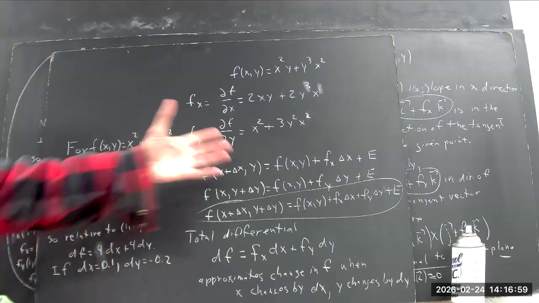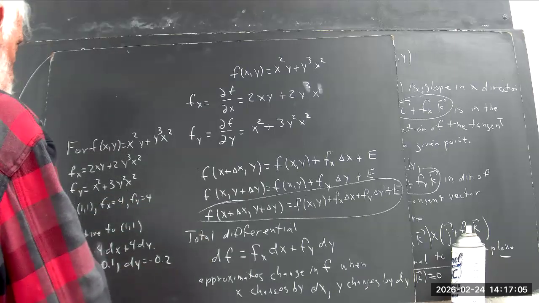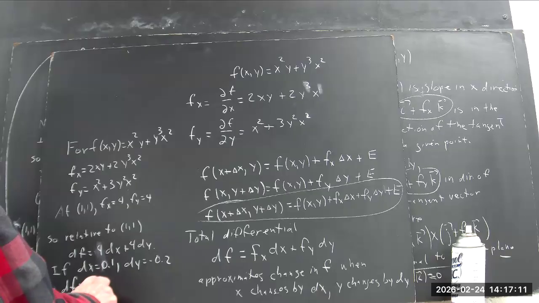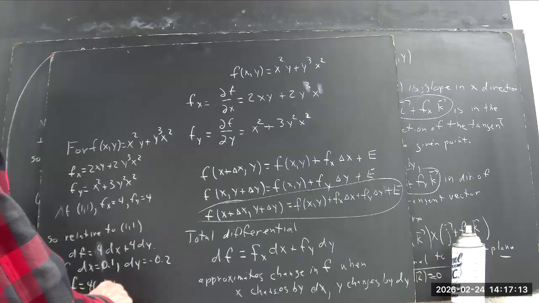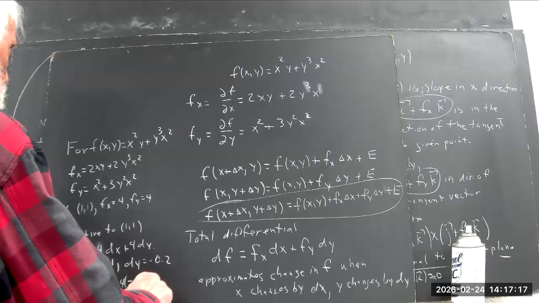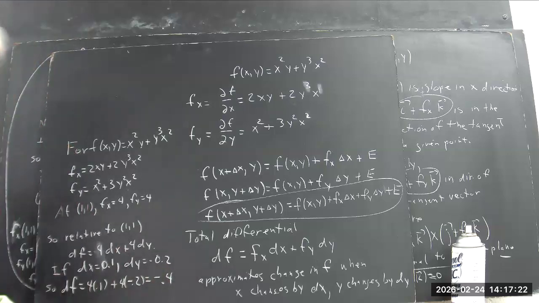So this is bringing us back into the context of what we've been working on all along. dx equals this, dy equals this. So df equals 4 times 0.1 plus 4 times negative 0.2 equals negative 0.4.